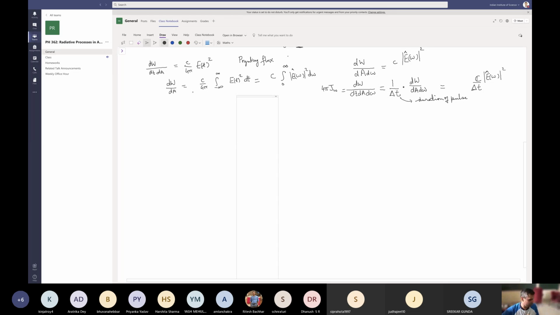Now, from Fourier transform, some of these properties should be very clear to you. For example, suppose your electric field as a function of time looks like this, and it just is a pulse.